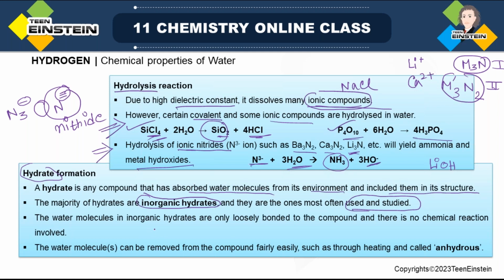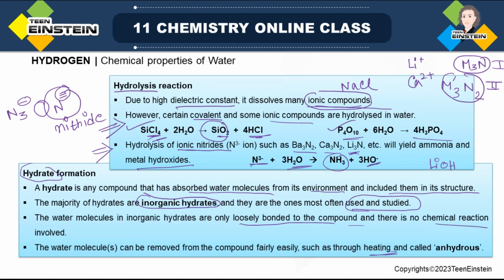In inorganic hydrates, the water molecules are loosely bonded to the compound and there is no direct chemical reaction involved. Fine. Now how can you remove these water molecules? You can remove them simply by heating. So when you are heating the inorganic hydrates, there is removal of water molecules.